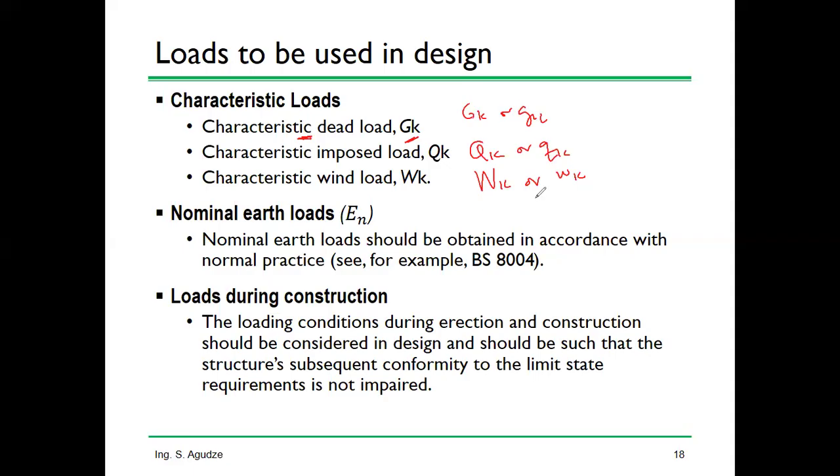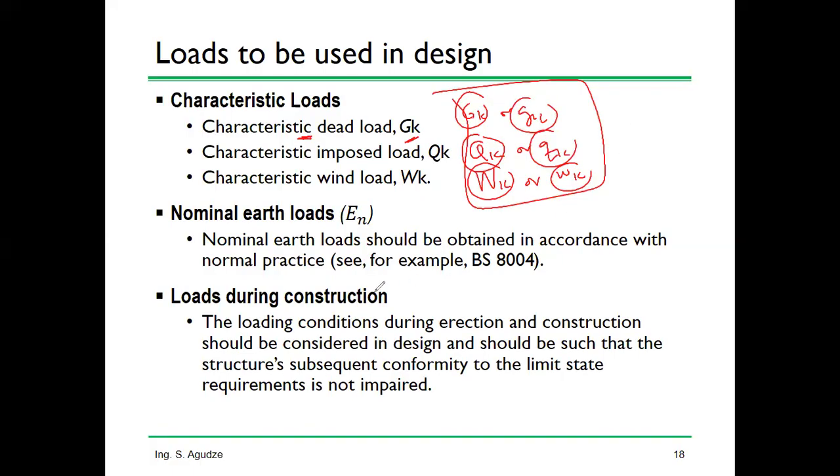Now note that these are the symbols you'll be seeing, and I don't need to tell you what they are again. What you should remember is that dead load is Gk, live imposed load is Qk, and wind load is Wk. And usually the capital letters are used for concentrated or point load, whilst the small letters are used for distributed load, right?